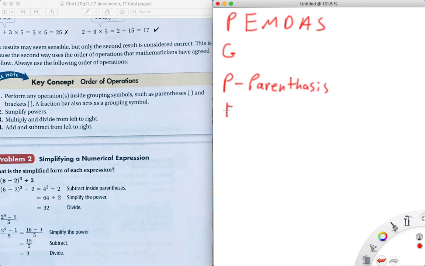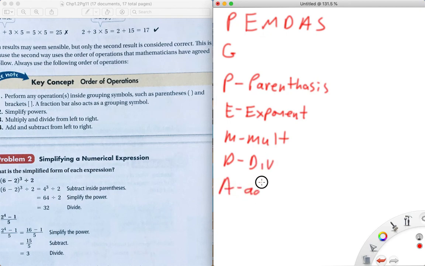The E is for exponent. M is for multiplication. D is for division. A is for adding. S is for subtracting.